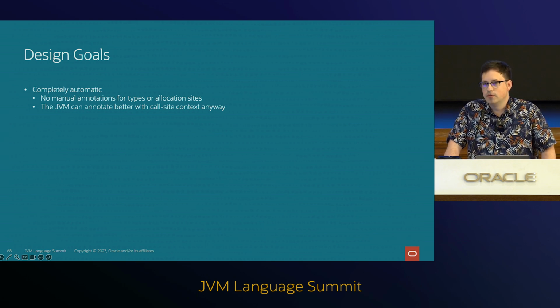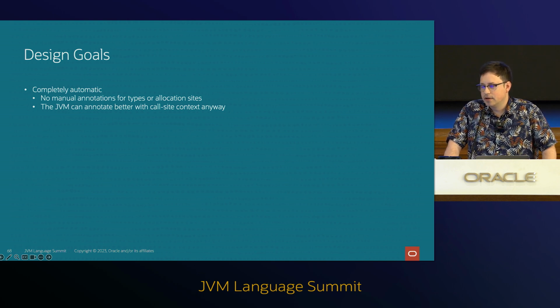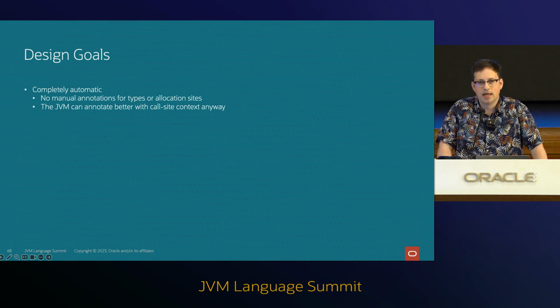We don't want any annotations saying what's local and what's shared. And in fact, I think that the JVM can do this annotation better automatically than a user ever can, because we can look at not just the allocation site, but the context of the allocation site, who calls this stuff transitively, and make better decisions.